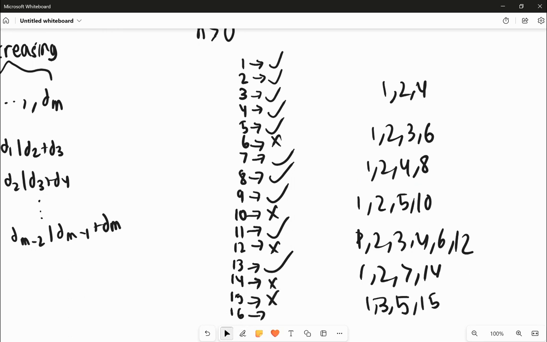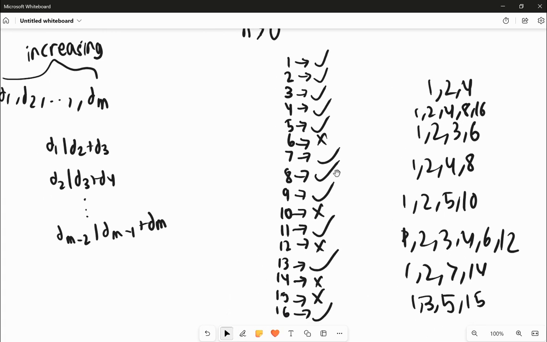And for 16, however, we have 1, 2, 4, 8, 16. 1 divides 2 plus 4, 2 divides 4 plus 8, and 4 divides 8 plus 16. So that works. Now let's try taking a look at what happened with these wrong ones here. We might want to list the prime factorization of these numbers, because they seem to relate a lot to the divisors.